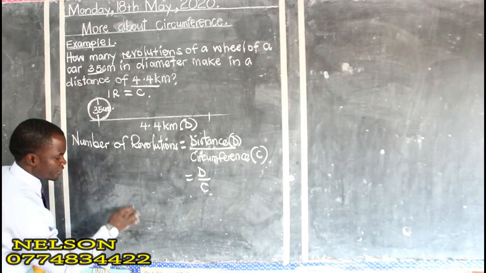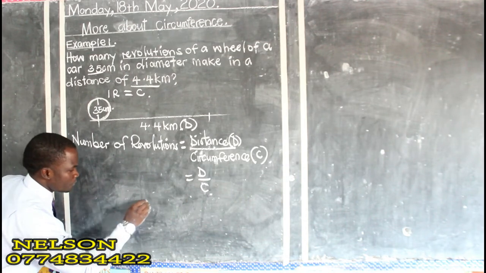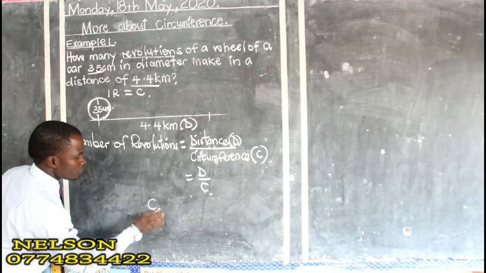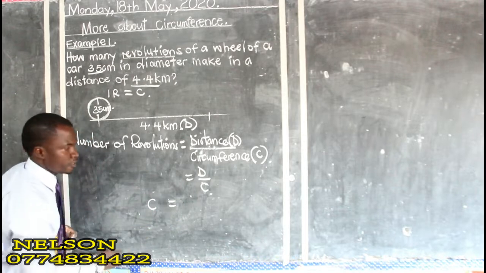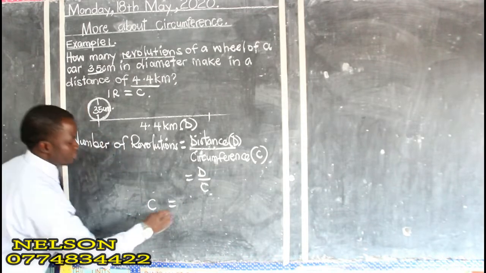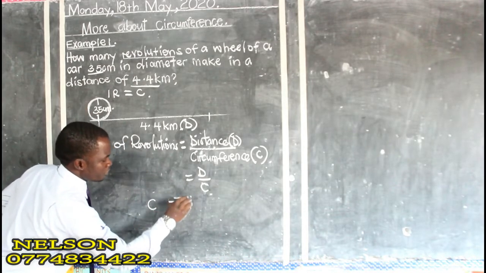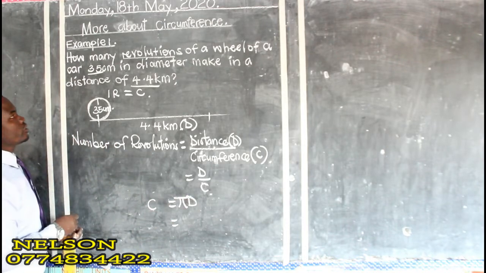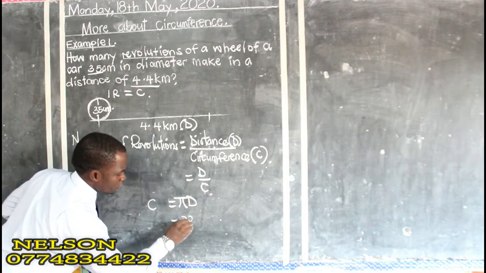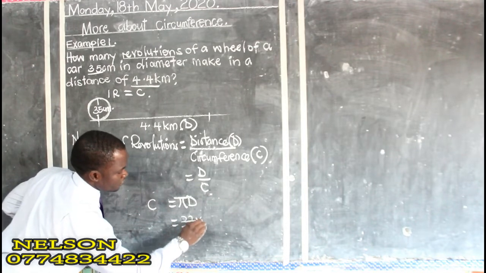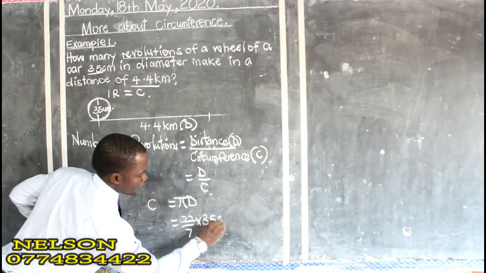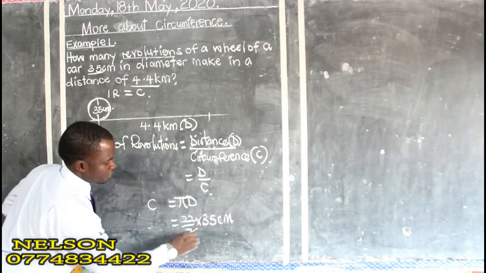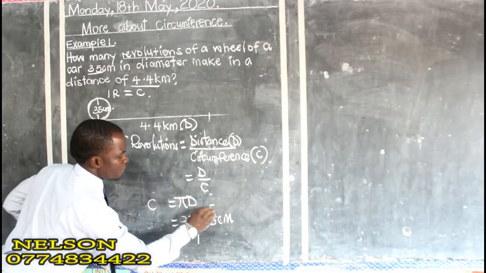So let's first get the circumference by saying circumference equals, remember it is the diameter which is given, so circumference equals pi d. Circumference equals, we shall use the pi of 22 out of 7 times the diameter of 35 centimeters. 7 once by 7, we shall have 5.